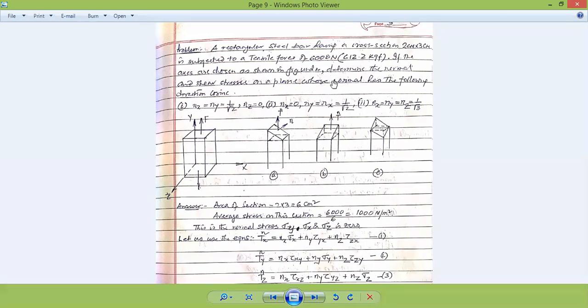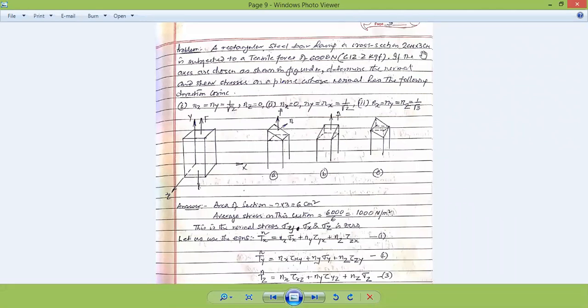And if the axes are drawn as shown in the figure, say x, y, and z, find out the normal and shear stress on a plane whose normal has the following direction cosines. So what is given here? First of all, what is the size of the block?